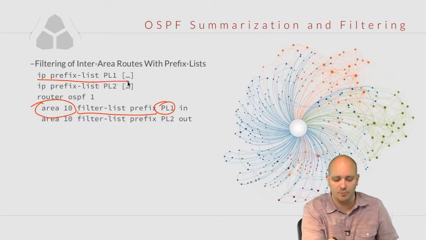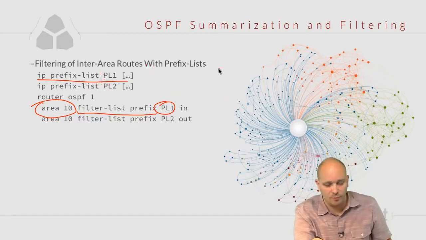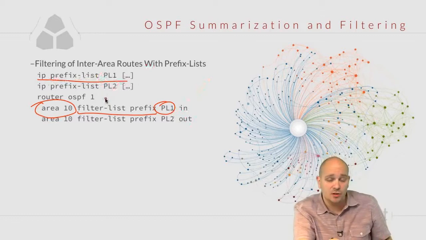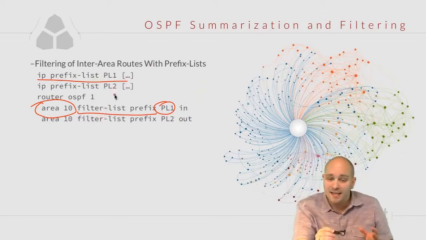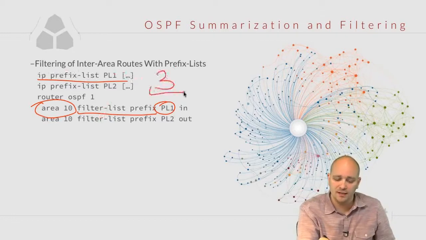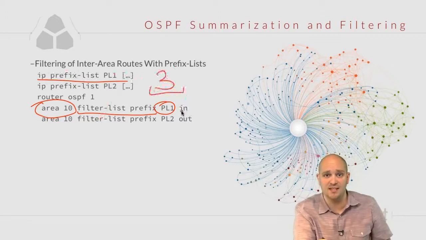So we have to define a prefix list that is either going to permit or deny certain routes. If the prefix list permits the routes, they will be allowed to be advertised in a particular direction. I'll talk about the direction in a second. And if the prefix list denies something, then those routes will be denied. Keep in mind that filter lists will affect only type 3 LSAs. Type 5 or type 7 LSAs are unaffected by the filter lists.